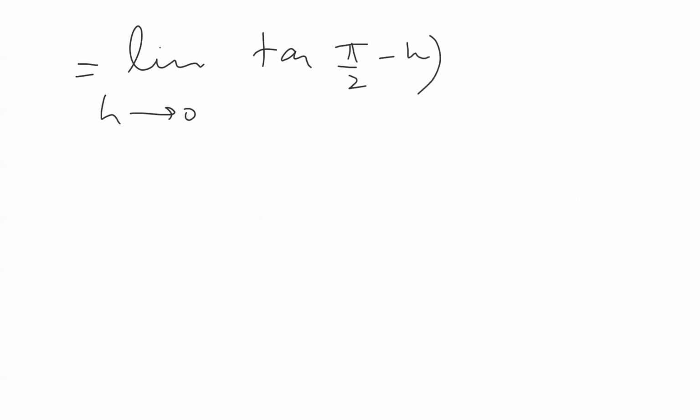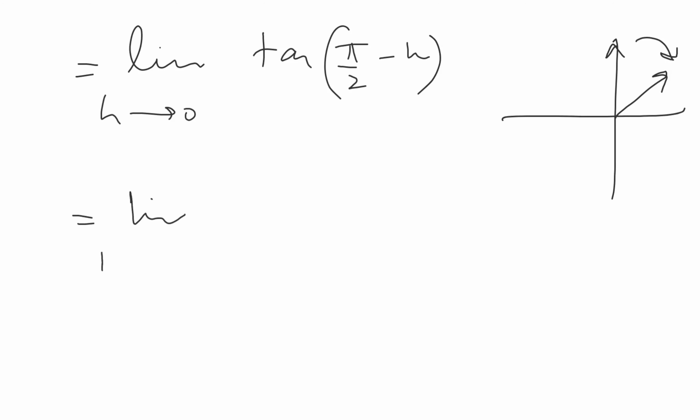So this is equal to limit h approaching 0 tan pi by 2 minus h. Now pi by 2 is over here, 90 degrees. Minus is clockwise direction. So in this particular direction, in this particular quadrant, tan is positive, first quadrant.